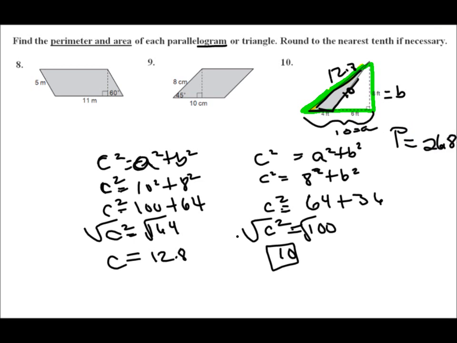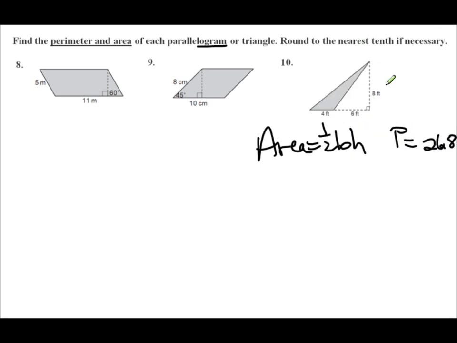Now the area is a little bit trickier because the height is actually drawn on the outside of the triangle. And the reason they do that is because the height is always from the one end of the triangle perpendicular to the bottom. So the height we know is going to be 8. So the area will equal 1/2 our base times 8.